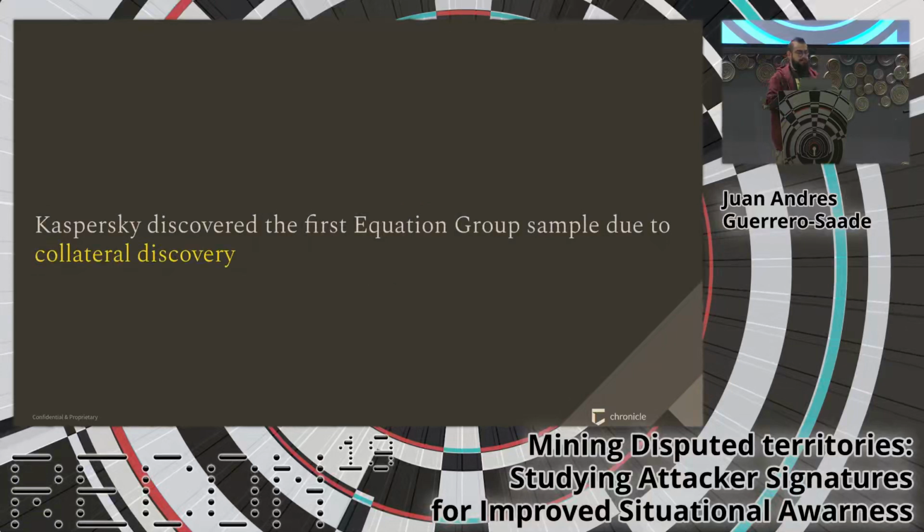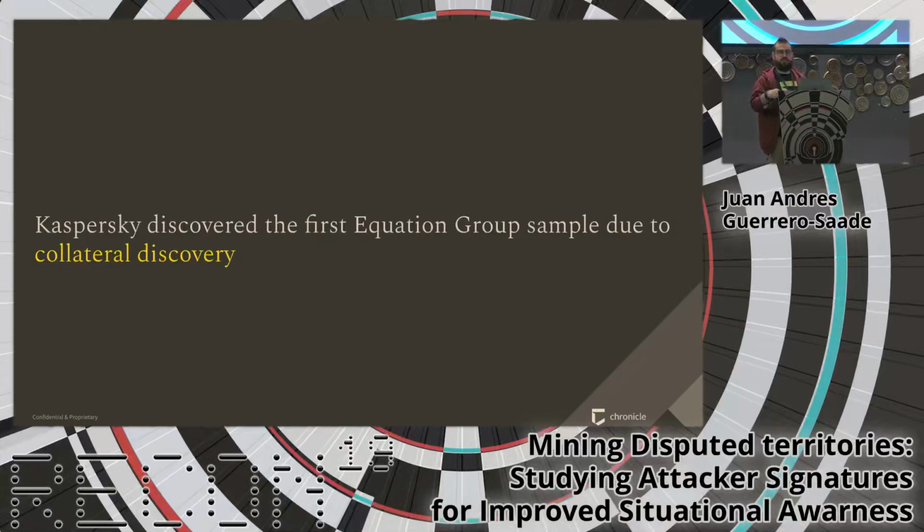First of all, Kaspersky discovered the Equation Group in the first place because of collateral discovery. So that's something to keep in mind. There's a machine that, when we were at KL, we used to euphemistically call the magnet of threats. It's basically a box in the Middle East where, if I remember correctly, there were 7 threat actors at the same time. All kinds of interesting research happening on that box.